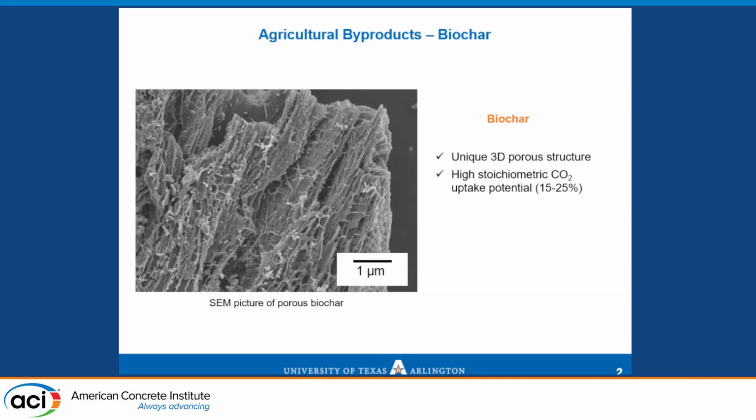It's an agricultural byproduct, also used by the factories that produce graphene from agricultural byproducts. It's mainly carbon, contains a little bit of carbonates, but very small amounts.